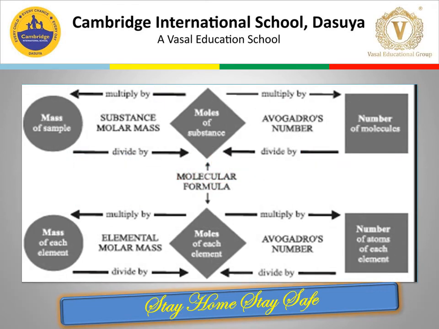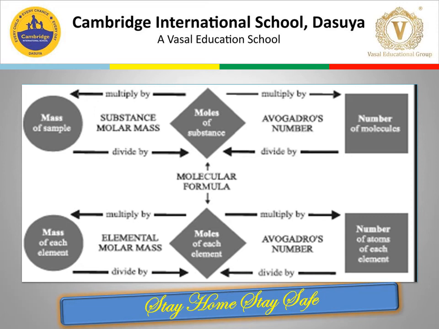Now let us try to understand the interrelationship between these different quantities. Let us first discuss the relationship between the mole of a substance and the mass of the sample. If we multiply the mole of the substance by molar mass, we get the mass of the sample.